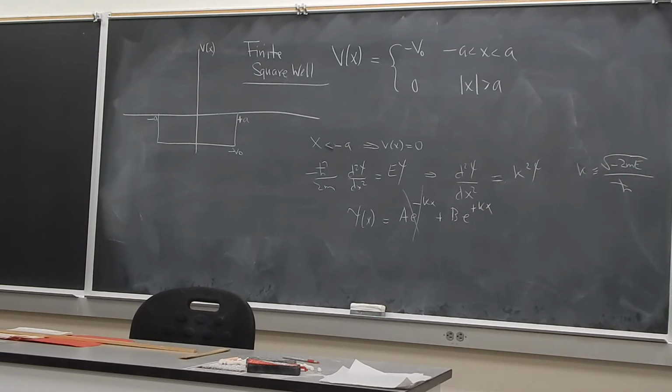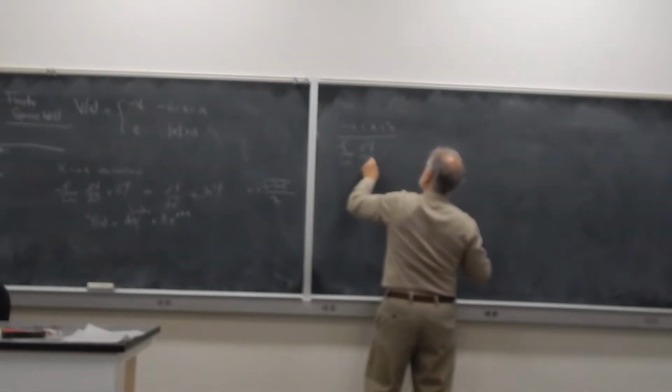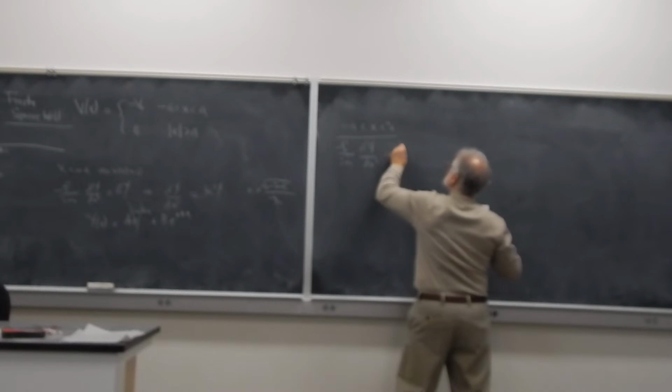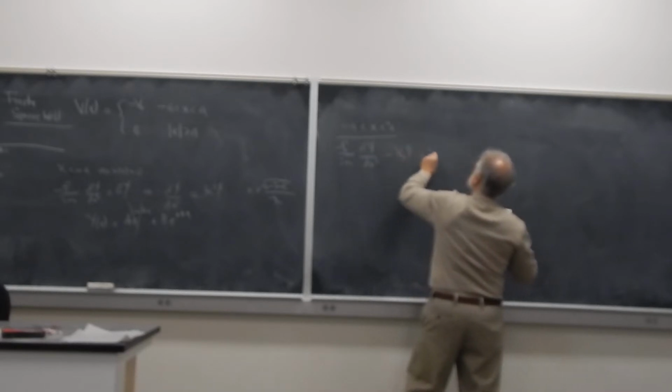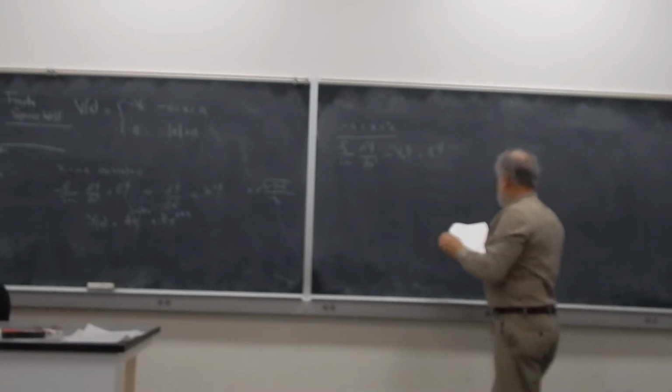Let's look at the region between minus a and plus a. In that case, my Schrodinger equation becomes minus h bar squared over 2m times the second derivative of psi with respect to x, minus V0 psi, is equal to E psi.